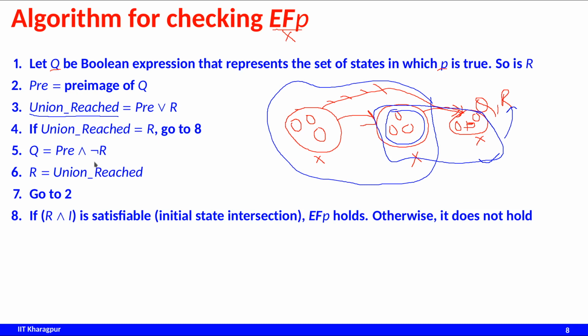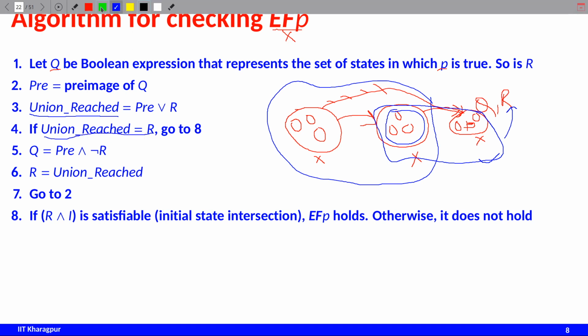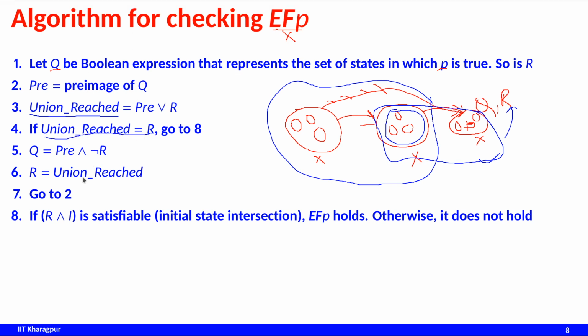And once we reach a situation that we are not finding any new states, we just stop and we check whether this is actually satisfiable or not.